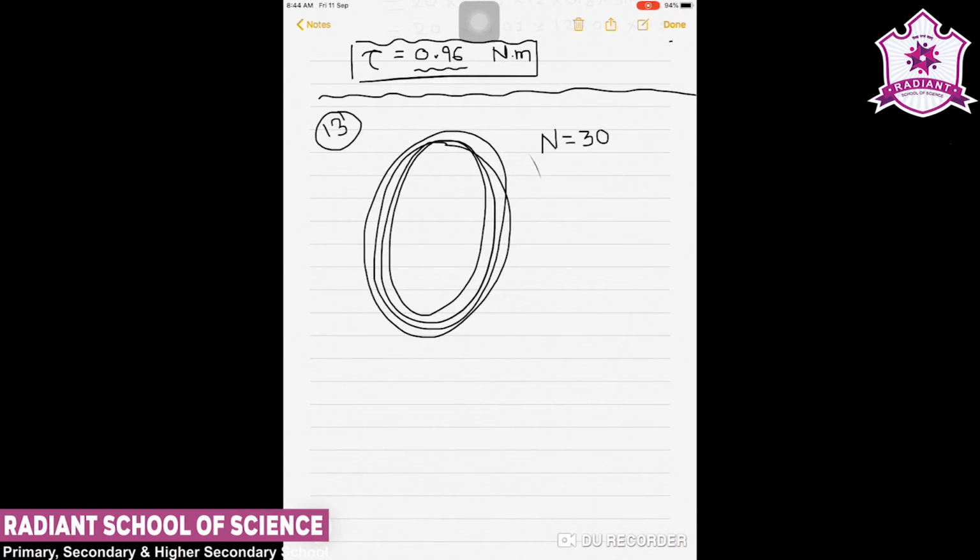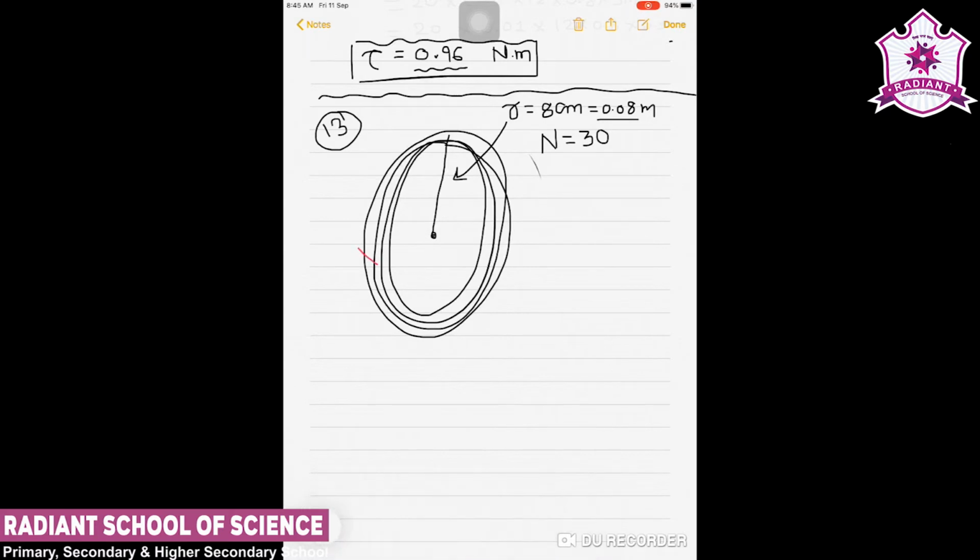Then the radius is given. For area, a radius is required, that is 8 centimeter. So we can say that this is 0.08 meter. Then the current passing through is also provided.